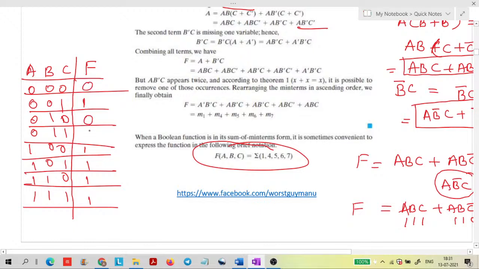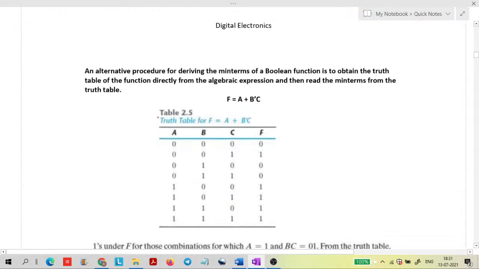So 1 indicates it's a minterm. We'll see some GATE questions, but before that, we'll go through some of the concepts.